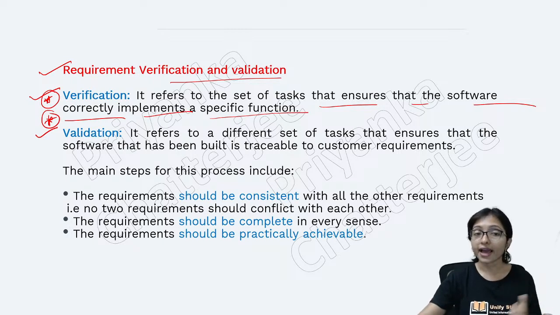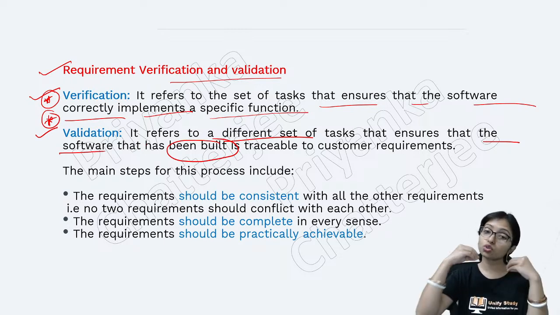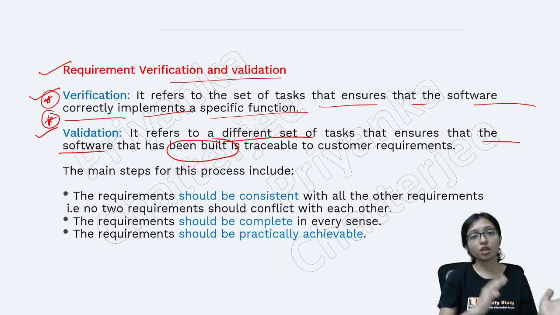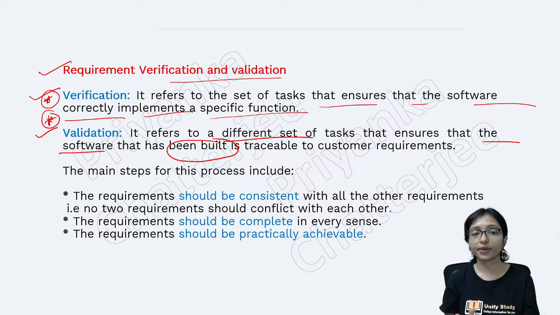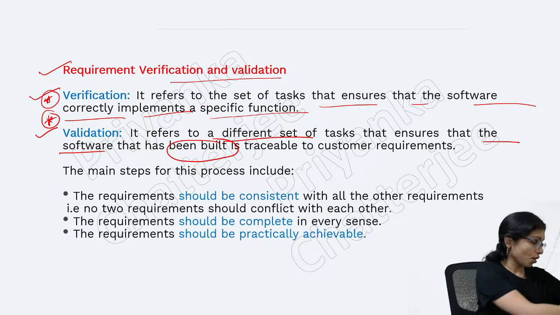And validation refers to a different set of tasks that ensure the software that has been built is right. When your software is ready, validation will always be after the development.